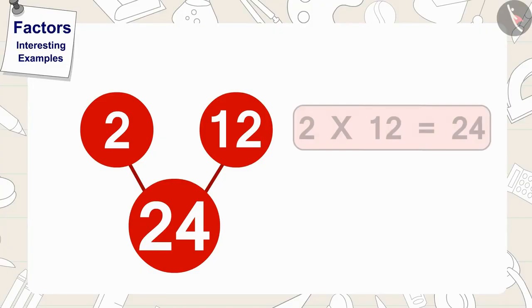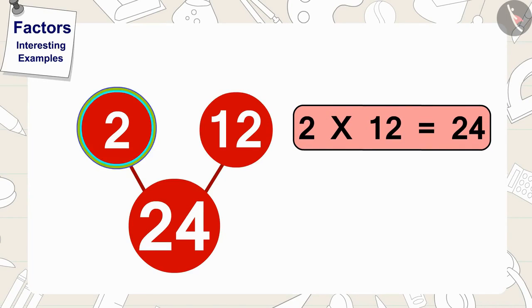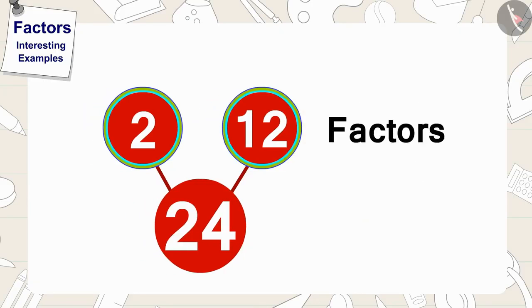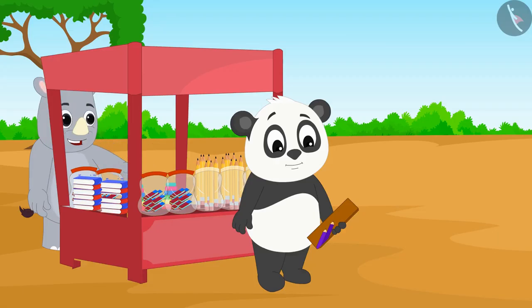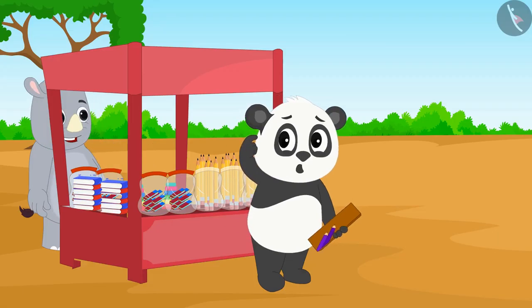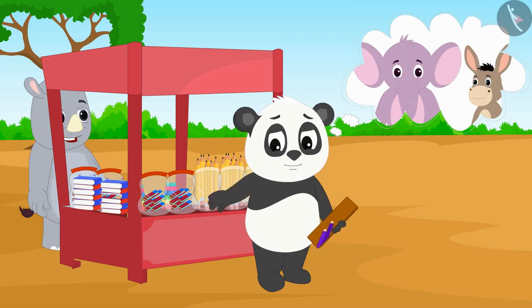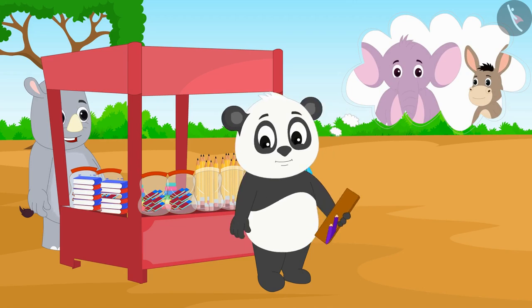Children, because 2 times 12 is 24, so 2 and 12 are what of 24? Exactly, the factors.